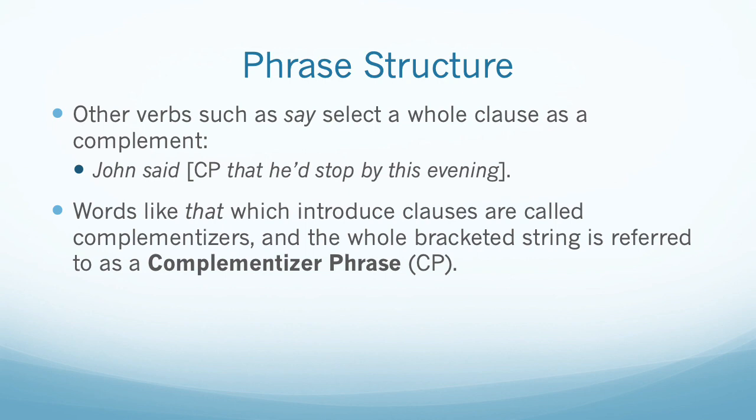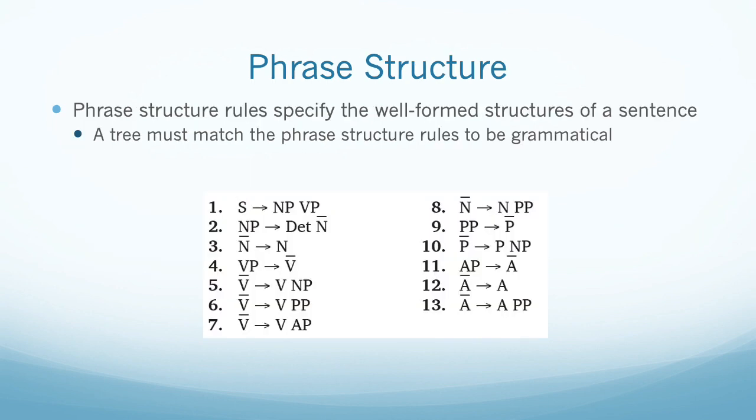And now these rules about what type of things can be contained within a phrase can be laid out in phrase structure rules. And this can help us to build the phrase structure trees that allow us to see a sentence or phrase as a whole and to see the different levels.